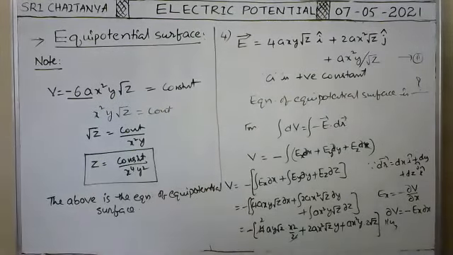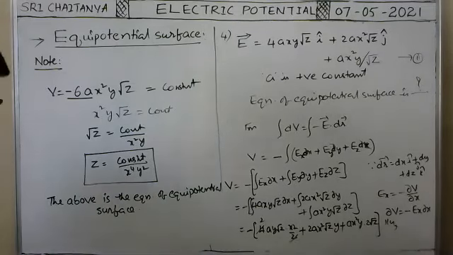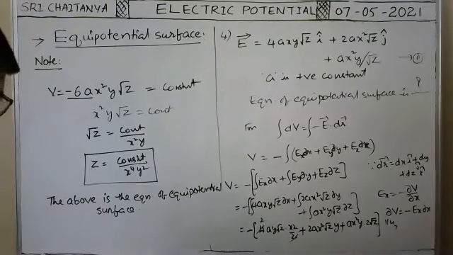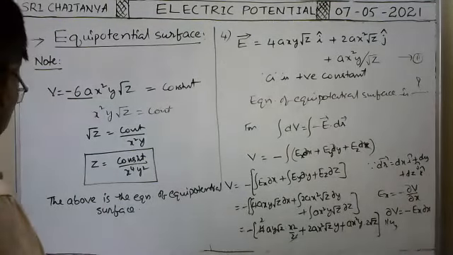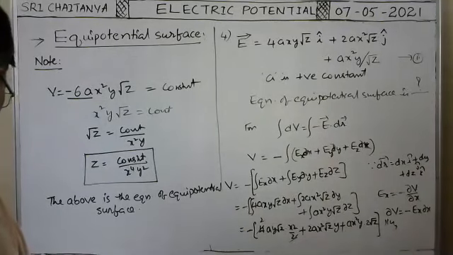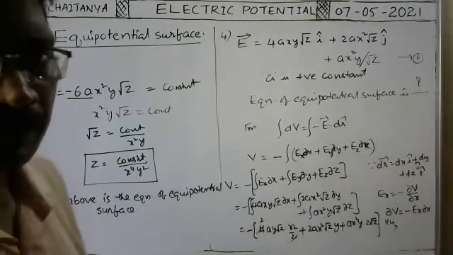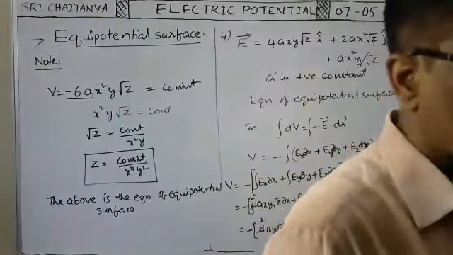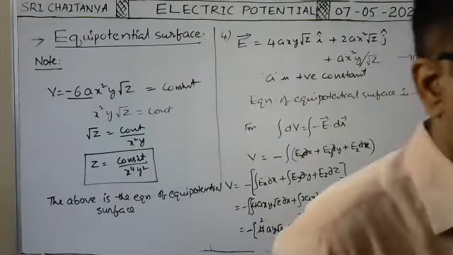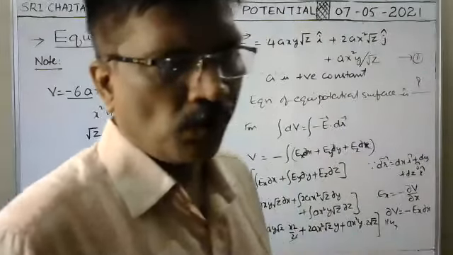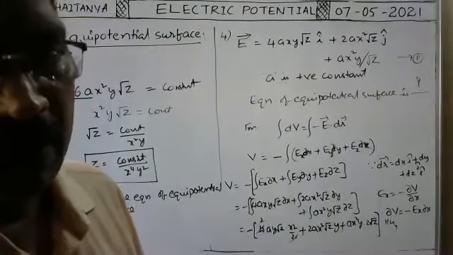No doubt. Yeah, sorry, it is 6a y x square root z.